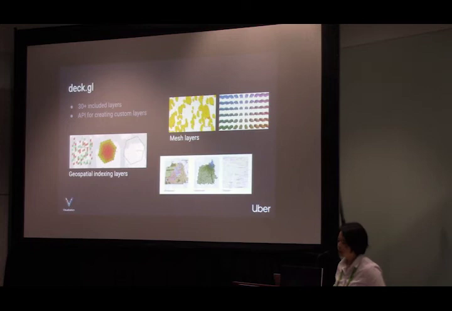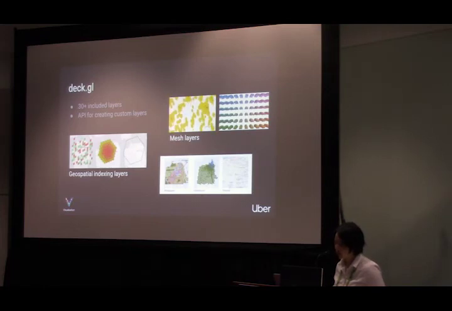So with the DeckGL library, you can get more than 30 layers for free. We're not just providing the primitive layers like a scatter plot, line layer, or bitmap layer. We also have more advanced layer catalogs. For example, the mesh layers, with which you can render your GLTF scenegraphs for many points.